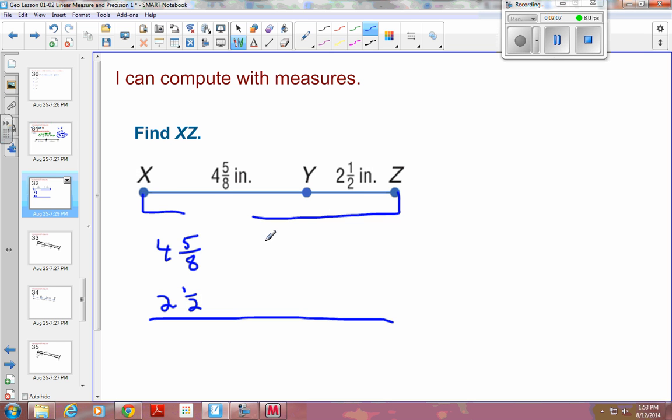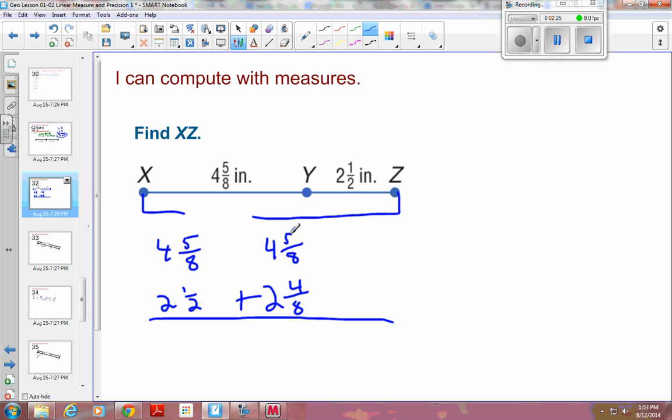So 4 and 5/8 is good. My common denominator in this case is going to be 8. And 2, and I want my common denominator to be 8, so 2 times 4 gives you 8, so 1 times 4 gives you 4. And we are adding.